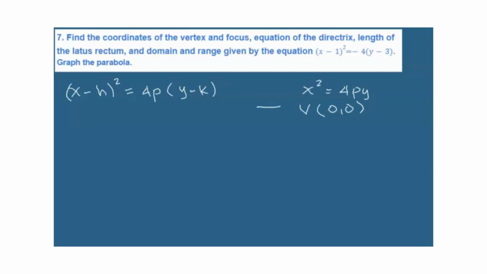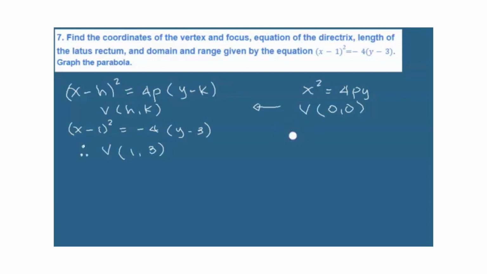But in this case, the vertex is at (h, k). So since our equation is (x - 1) squared is equal to negative 4(y - 3), therefore we can identify the coordinates of the vertex. So h is 1 and k is 3. Okay?